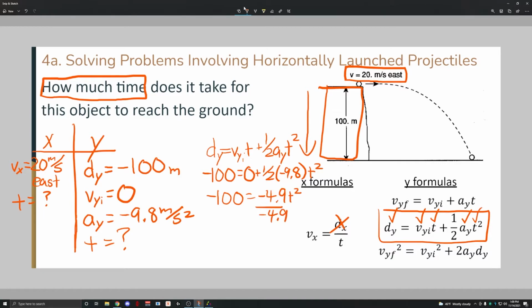Divided by negative 4.9, you get 20.4. And then you have to get t by itself, so you square root both sides, and you get 4.5 seconds.